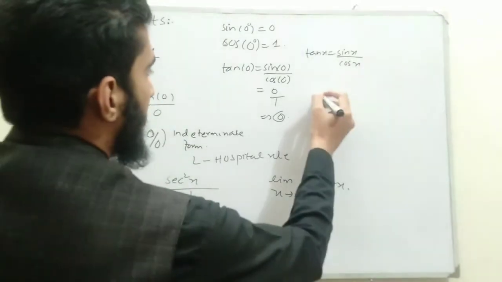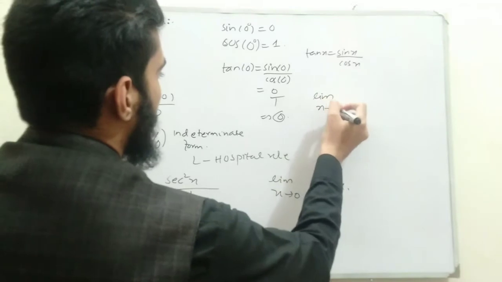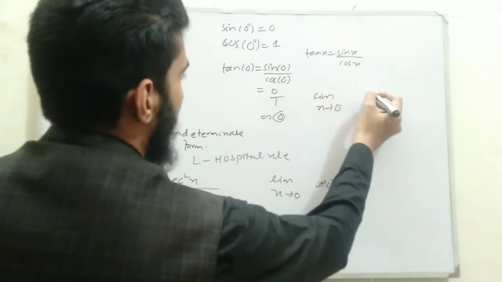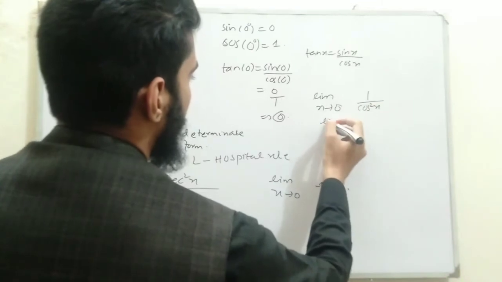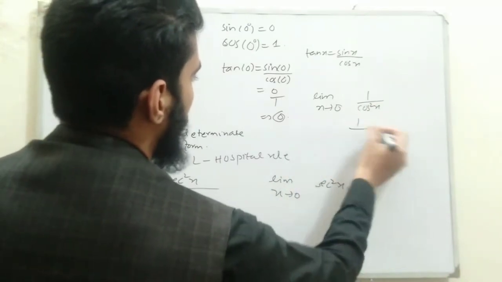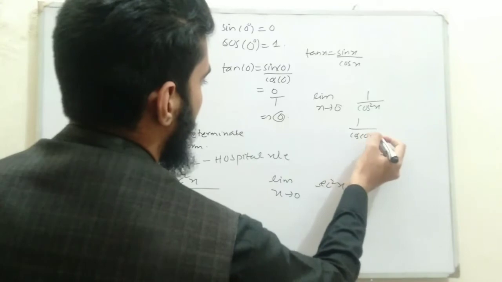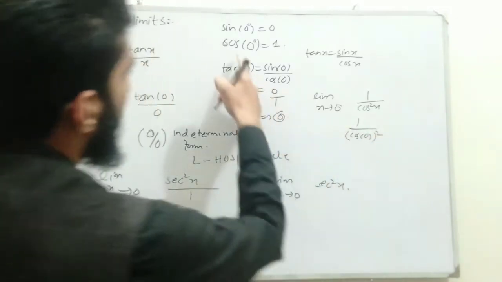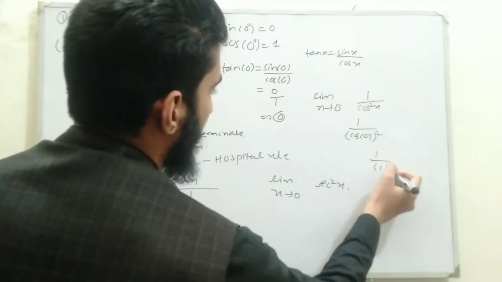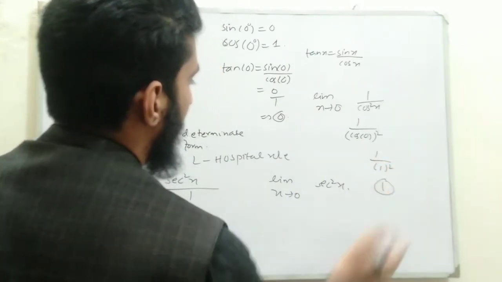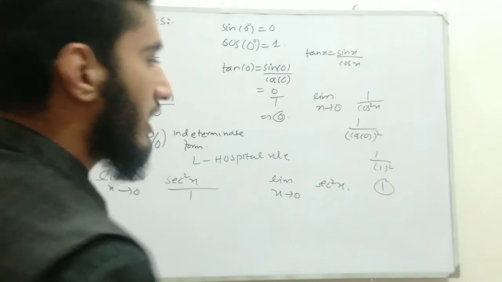Now we can write secant as the reciprocal of cos x, so it becomes 1 over cos squared x. Putting x as 0, applying the limit, it becomes 1 over cos of 0 whole squared. Cos of 0 we already found equals 1, so it becomes 1 divided by 1 squared. So the whole result will be 1. The answer to problem J is 1.